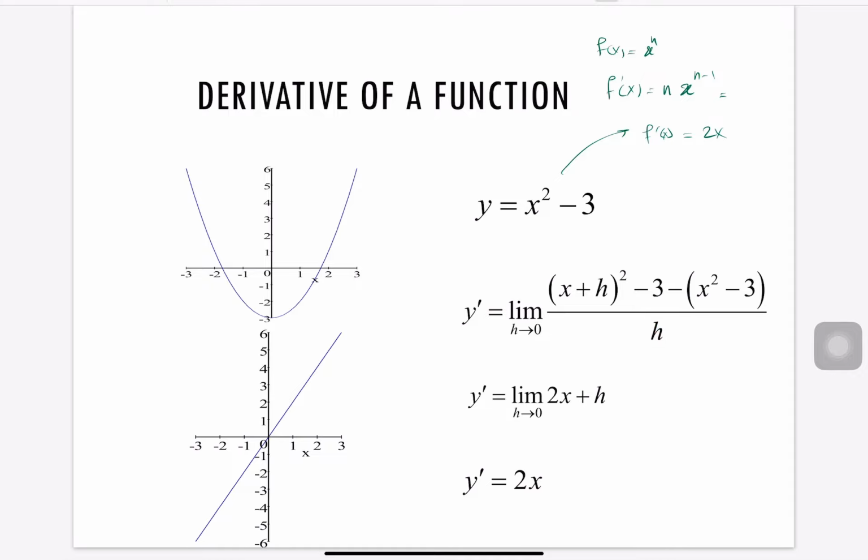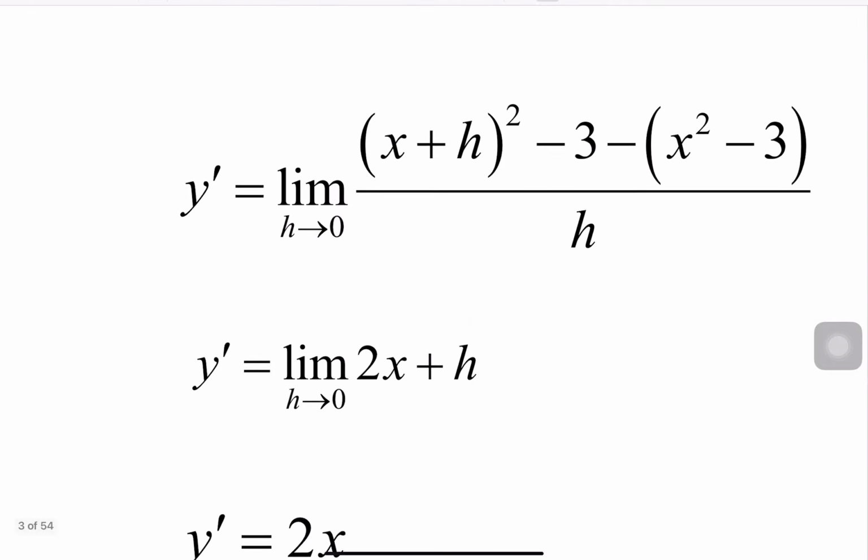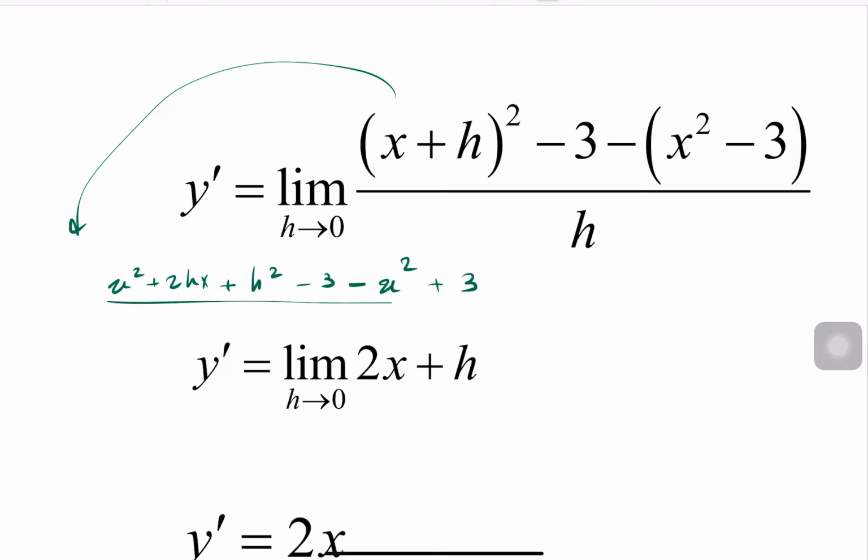If we open this function, it will be x squared plus 2hx plus h squared, minus 3, minus x squared plus 3, divided by h.